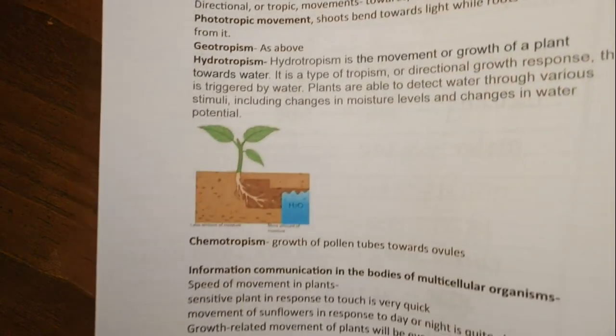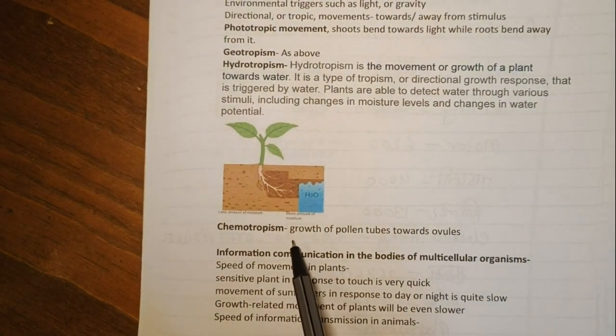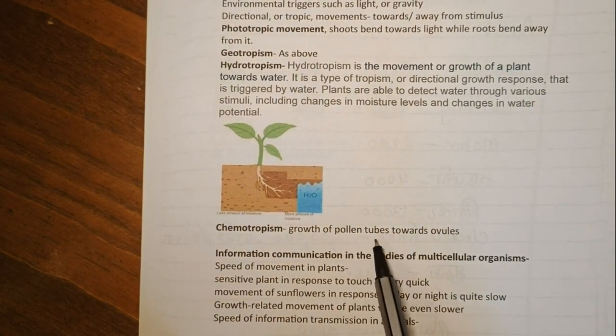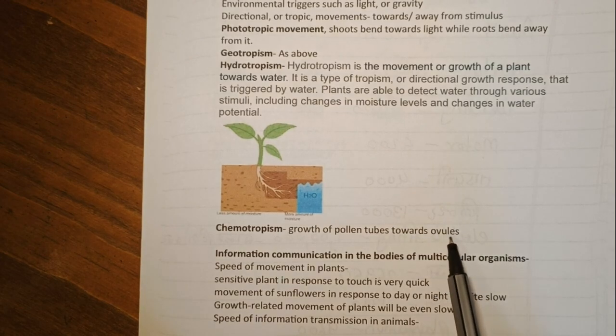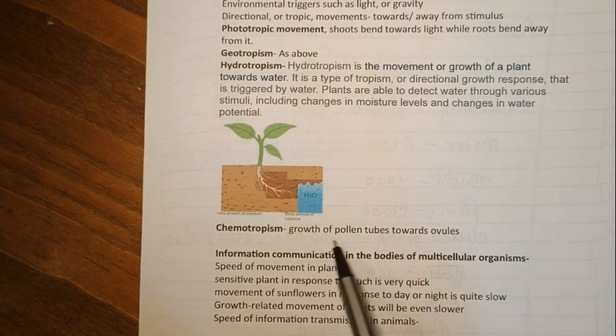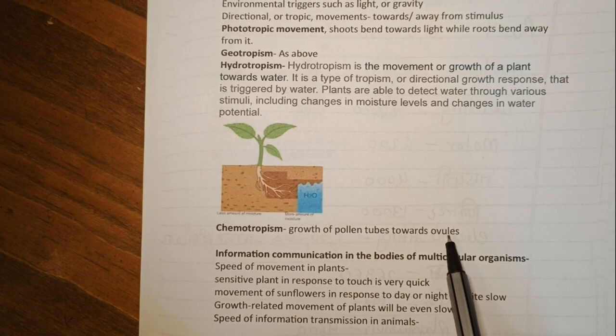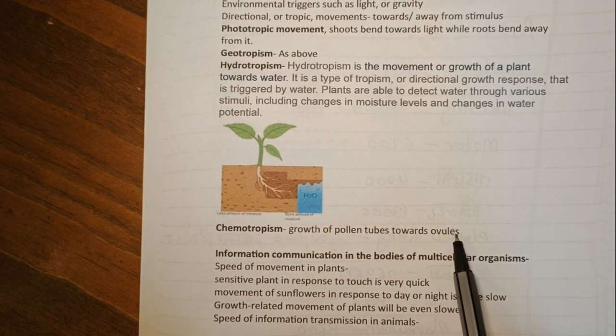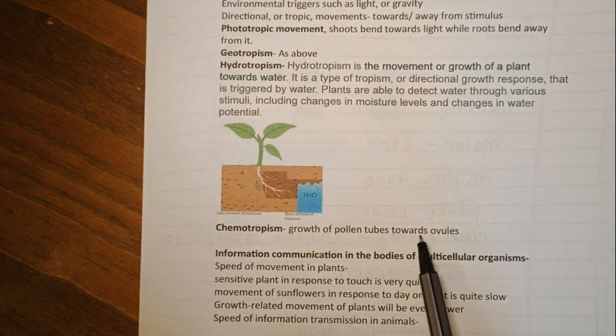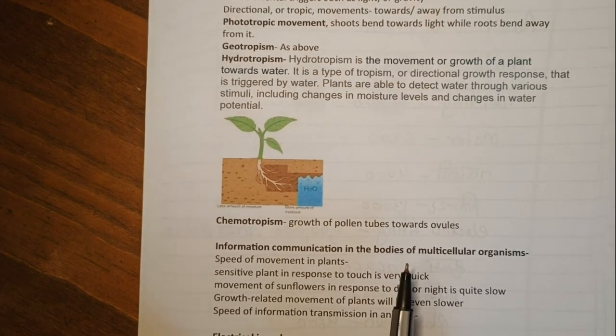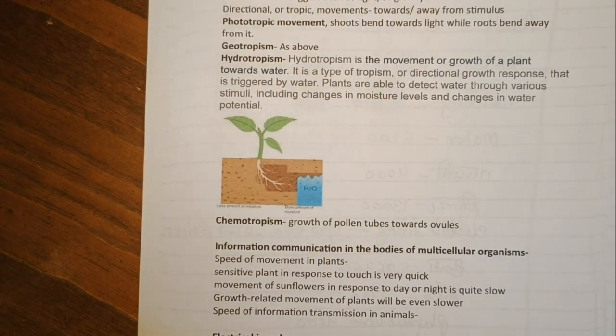Or there can be chemotropism, growth of a pollen tube towards ovules. That movement will be seen in your chapter on reproduction. Okay, so I won't go into detail here, but I'll talk about this in the reproduction chapter. Now the plants show tropism in response to various stimuli.